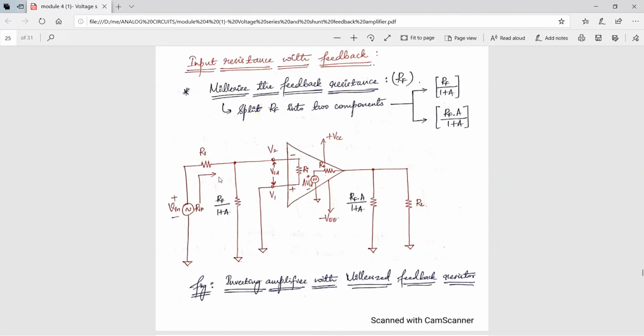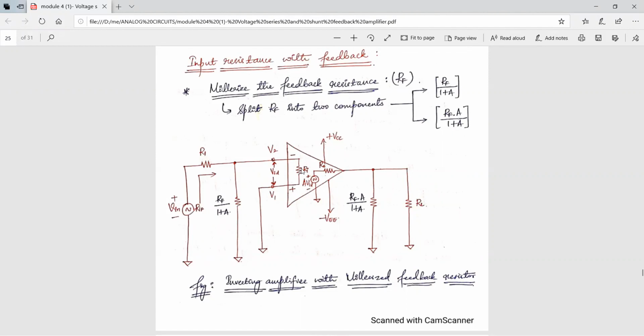Input resistance with feedback is the resistance seen at this side, at the input side. Looking into the input side with the feedback present, we will get the input resistance with feedback. Whereas this Ri is the input resistance of the op-amp.